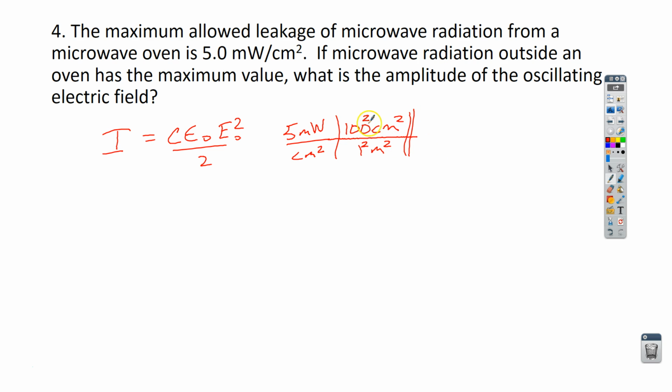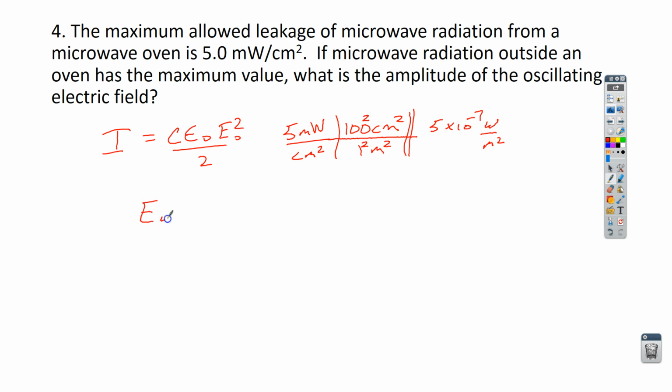If you don't square everything, if I just did 100 centimeters squared over 1 meter squared, it would not give me the right answer. So this one is going to be 5 times 10 to the negative 7th watts per meter squared. Now I have my intensity in the right value.